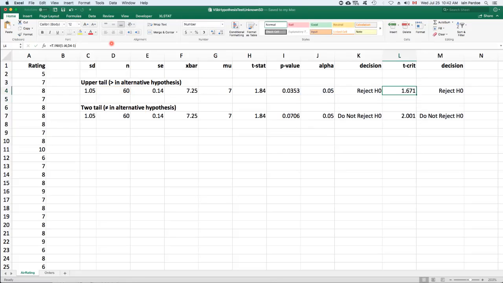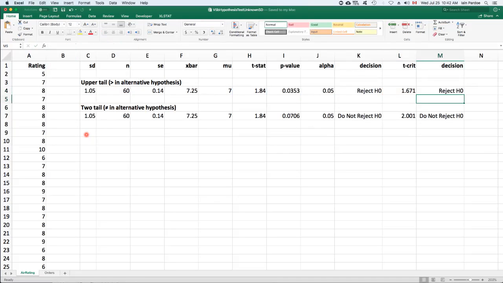That critical value allows us to, again, reject the null hypothesis, because the decision rule, if we're using the critical value approach, is if the test statistic is in the rejection region above the critical value, because we're doing an upper tail test, then reject the null hypothesis. And 1.84 is bigger than 1.671, so we do reject the null hypothesis.